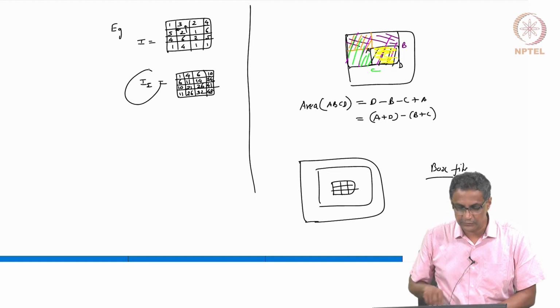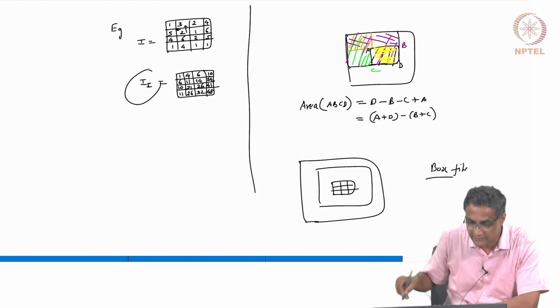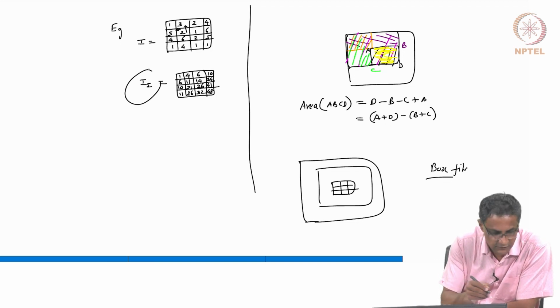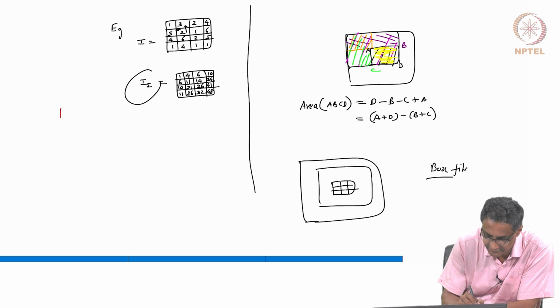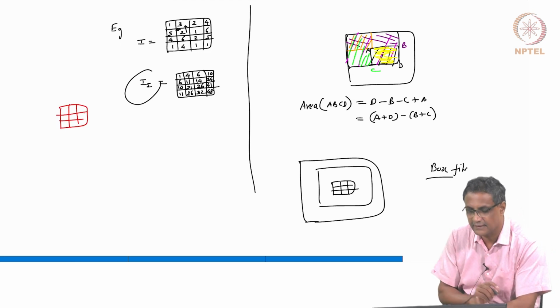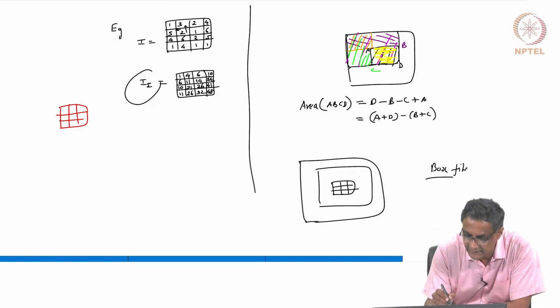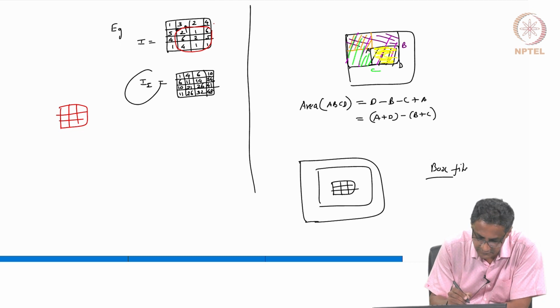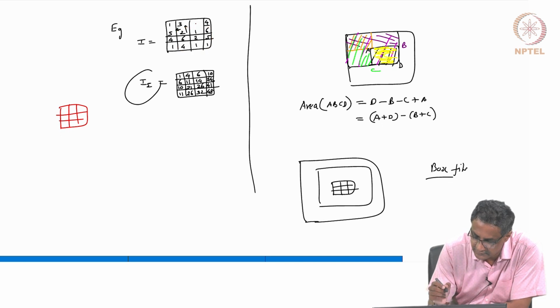So, now suppose I ask the following question. Suppose I have a 3 cross 3 kernel, and I center it here.